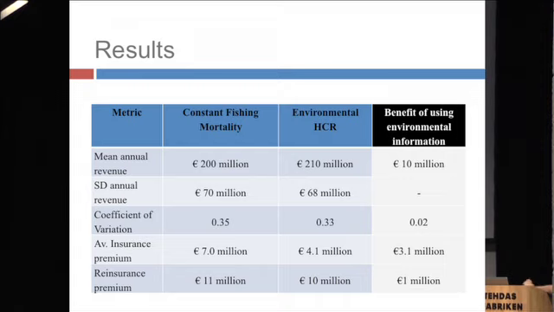So at the beginning, it looks like you have a profit using the environmental harvest control rule. And also, if you see here the insurance premium in both approaches and the reinsurance premium, it looks like we are also saving money in insurance payments.